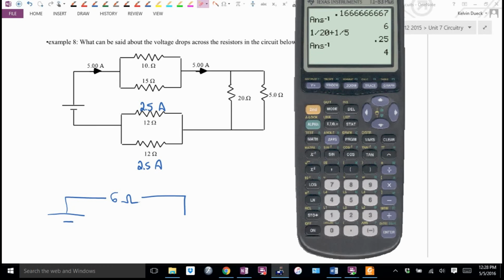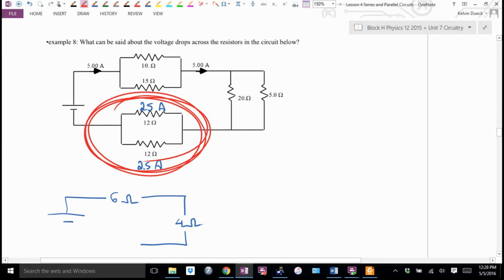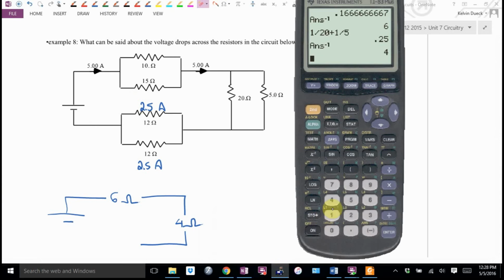Apparently, a 20 ohm and a 5 ohm in parallel are the same as a single solitary 4 ohm. These two resistors are in parallel with each other. I can replace them with one. It's going to be 1 divided by 12 plus 1 divided by 12, which is going to be 2 over 12. I think when I hit reciprocal, I'm going to get 6.